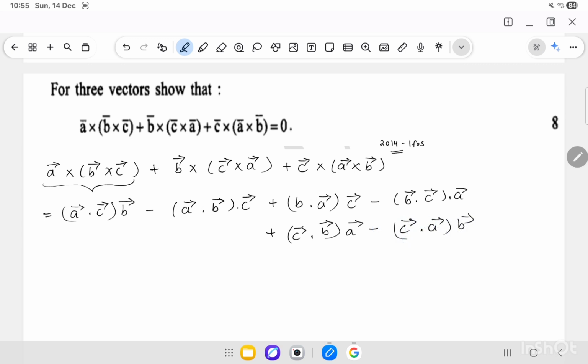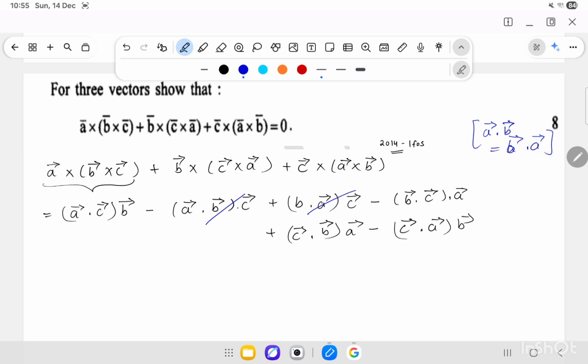Now if you see, this term basically balances this one, because the dot product of a and b is commutative, so it is the same as this.